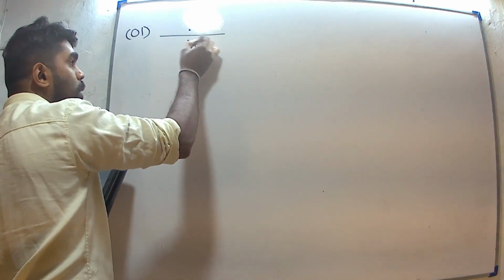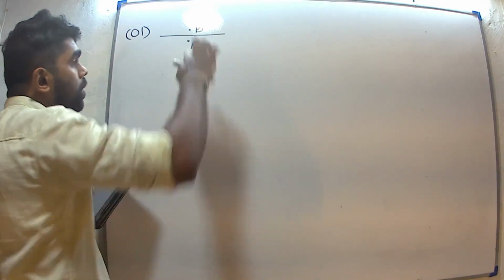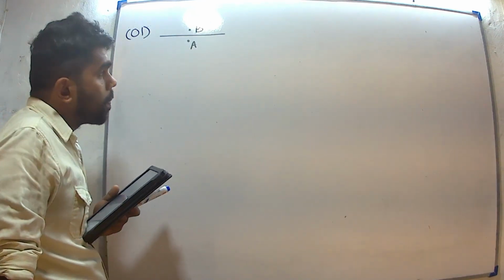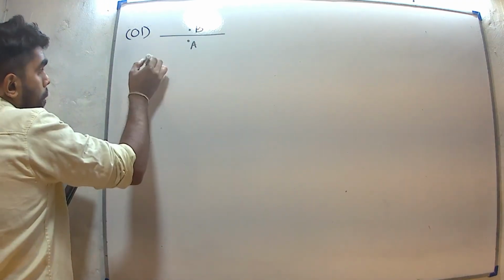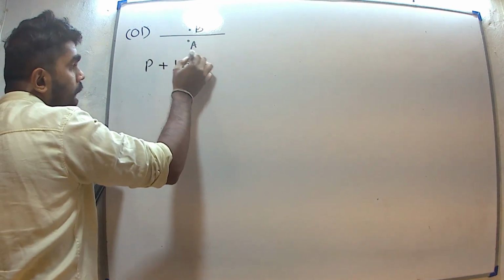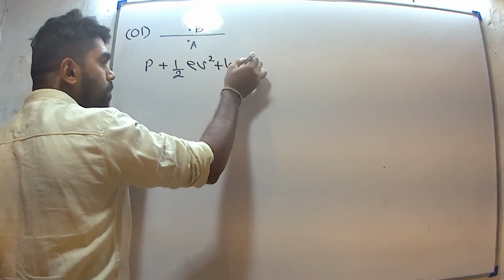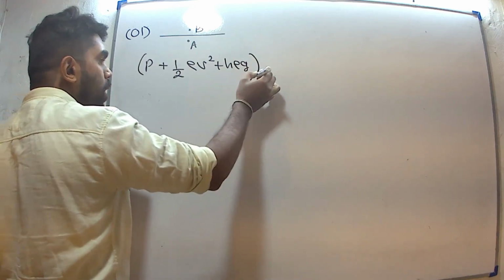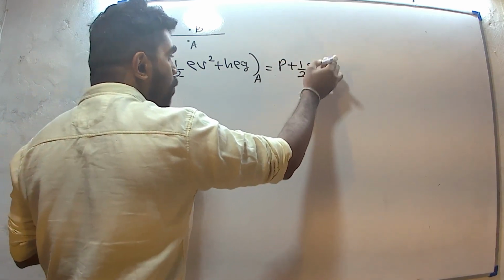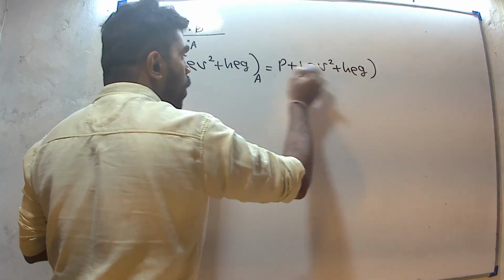I will consider this point as A and this point as B. We can use Bernoulli's principle between point A and B. Pressure plus kinetic energy per unit volume, half rho v squared, plus h rho g for point A should be equal to pressure plus half rho v squared plus h rho g for point B.